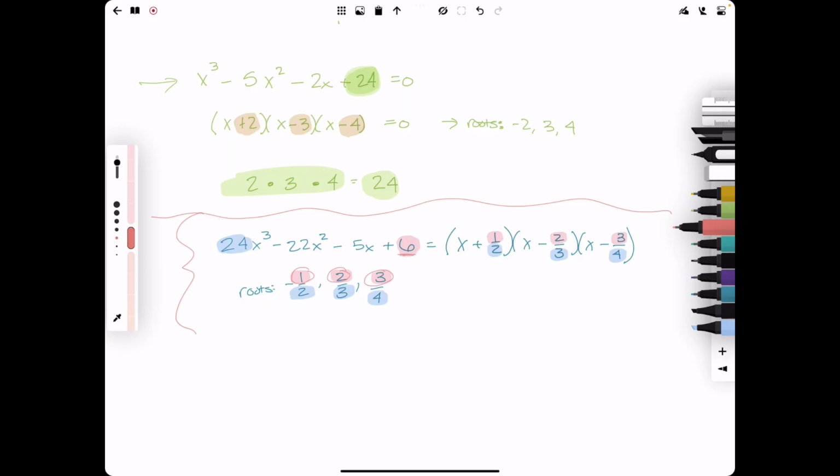If you multiply them all, you still get 6, right? So these are all factors of 6. What about the highlighted 2, 3, and 4? It equals 24. So each of these are factors of 24, right?